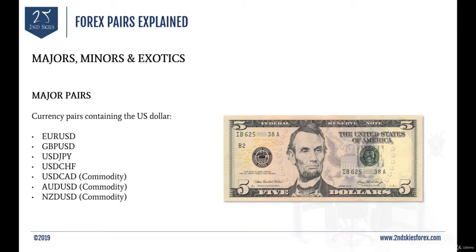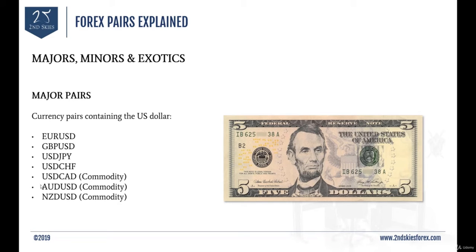So major pairs are any of the G10 countries, generally it's considered, containing the US dollar. So, for example, GBP USD is considered a major because it's one of the G10 countries and it has the US dollar in it. GBP, Great British Pound to the US dollar. USD JPY, dollar yen. USD CHF, Swiss franc, dollar Swiss.